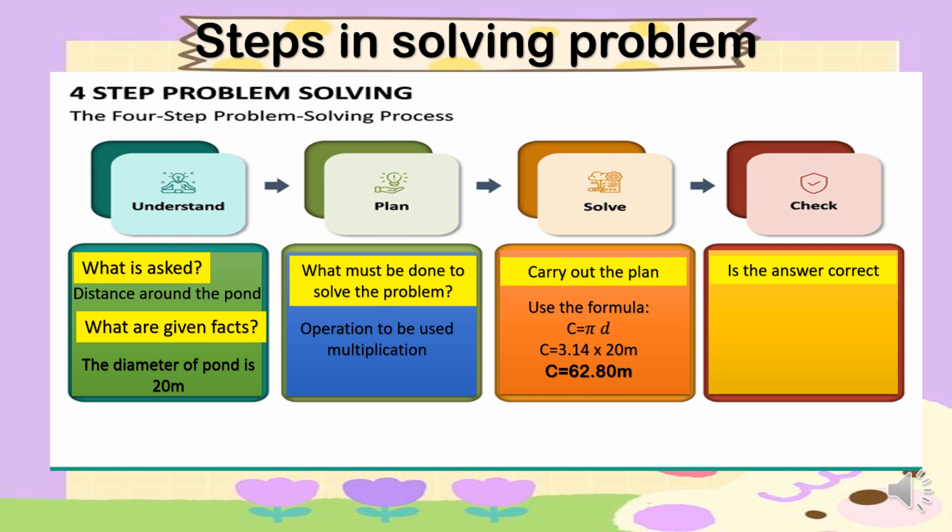Therefore, when we multiply 3.14 times 20, you will get 62.80 meters for the circumference. Now, if we are going to check the answer, is the answer correct? We check by division. The quotient should match the given diameter.